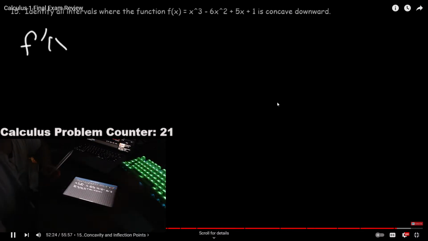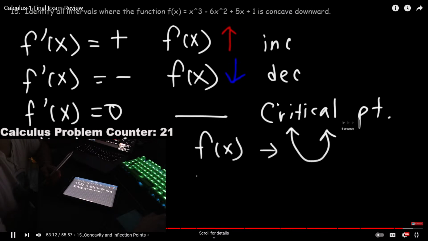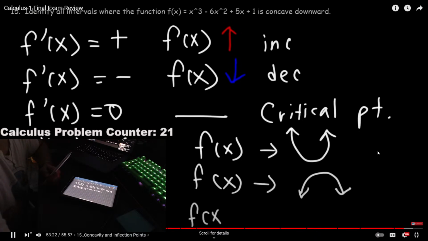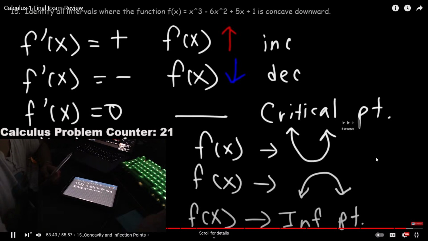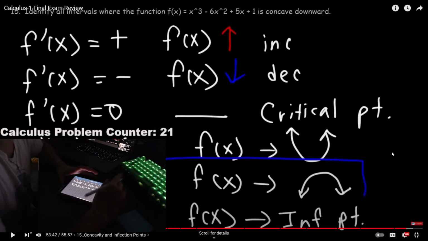The function f of x is said to be concave down when the second derivative is negative, and when it's equal to 0, f of x has an inflection point if the concavity changes. Hold on, let's write this down real quick.